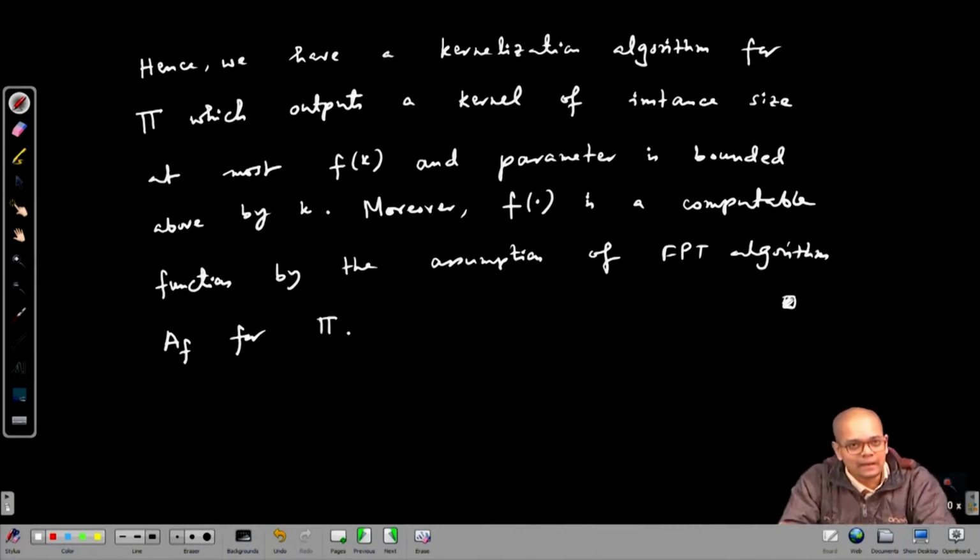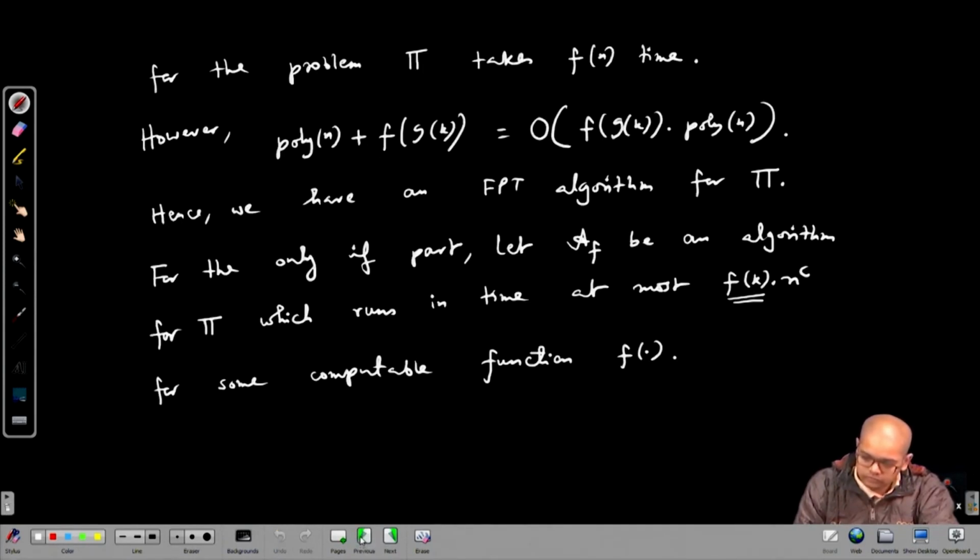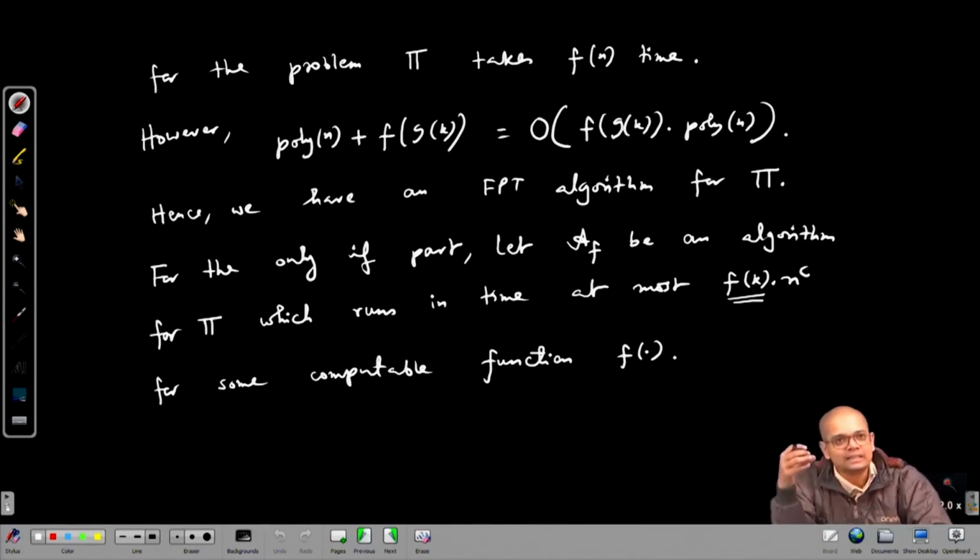That means we design a kernelization algorithm whose output kernel is f of k, and typically if the problem is in XP, that means there exists an algorithm of n to the k time, then we can use that to design an FPT algorithm.